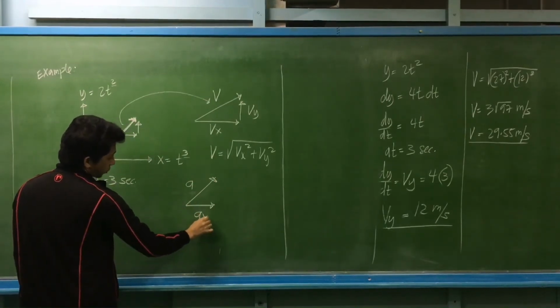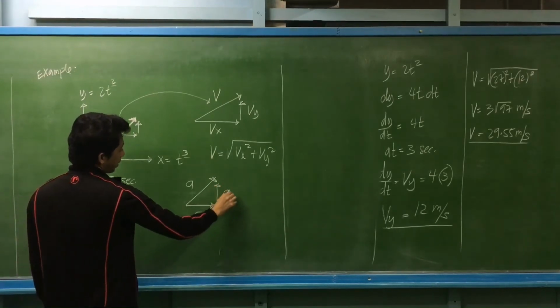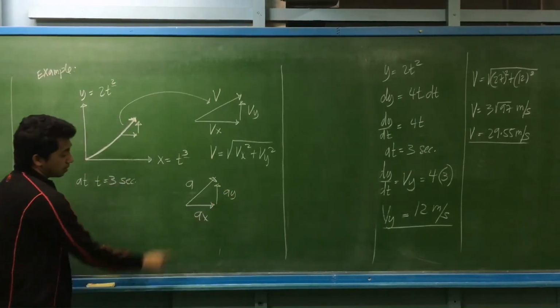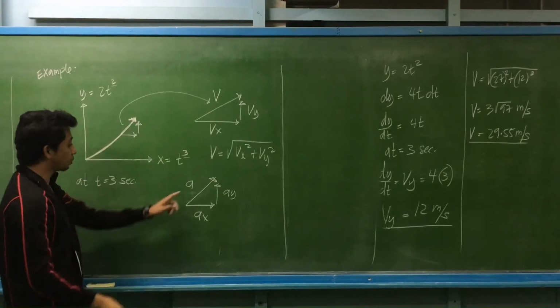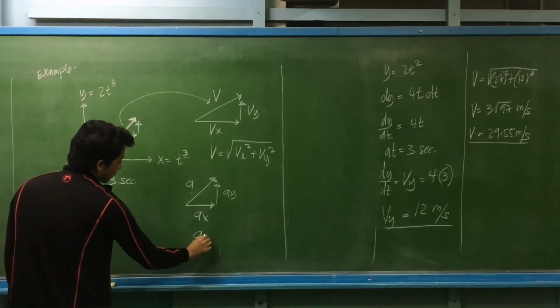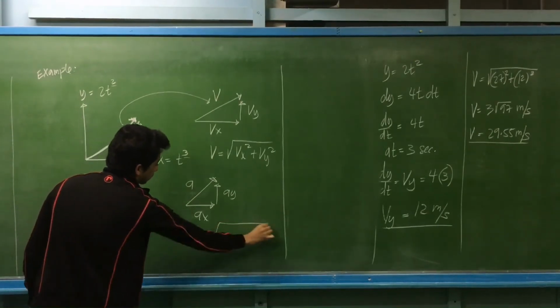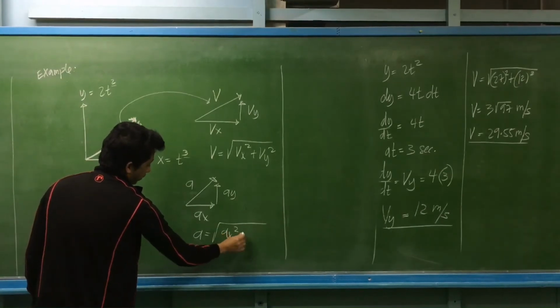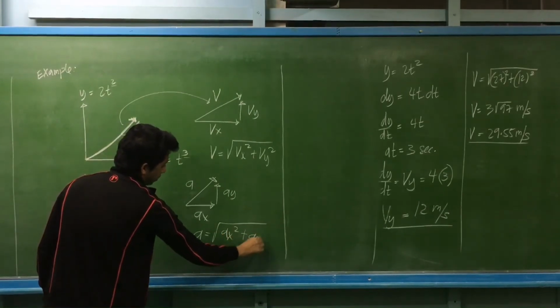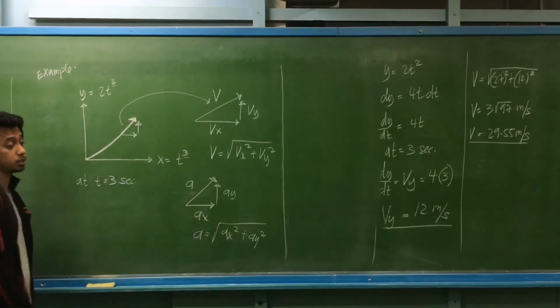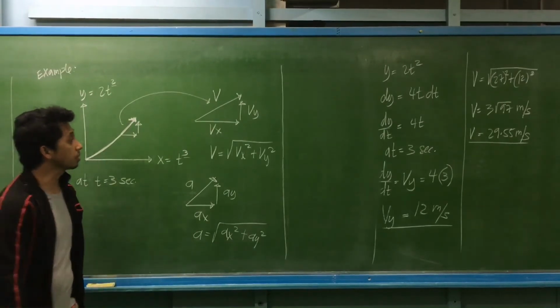It has a horizontal component and a vertical component, ay. So we are looking for the actual acceleration. Acceleration will be equal to the square root of the acceleration along x squared plus the acceleration along y squared. That is the resultant acceleration.